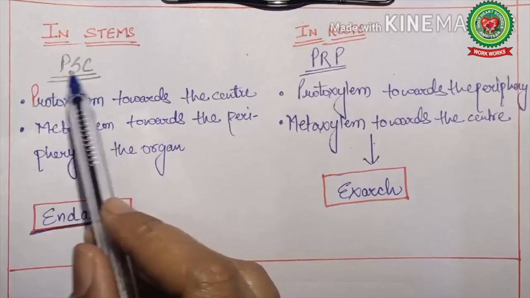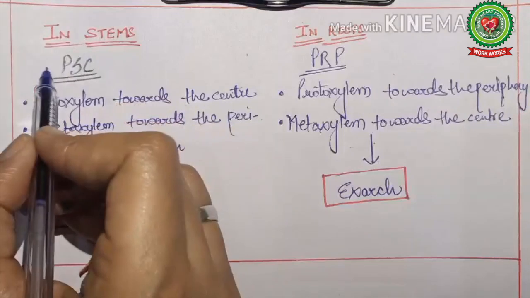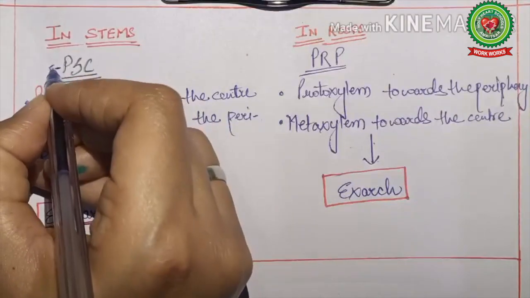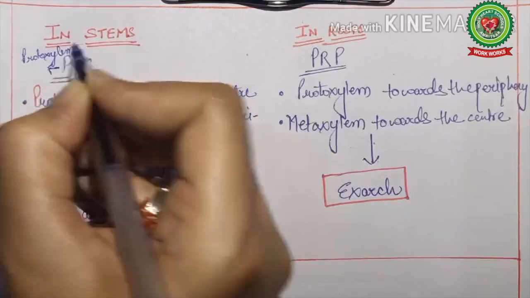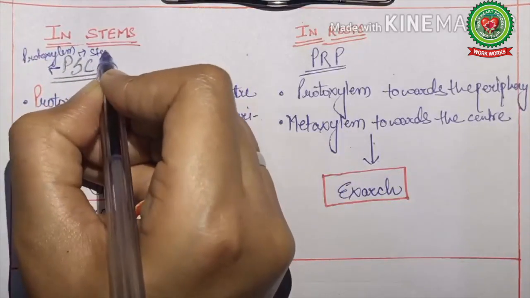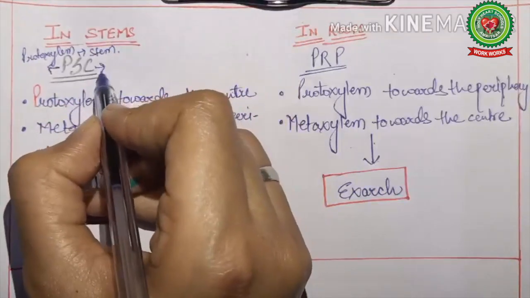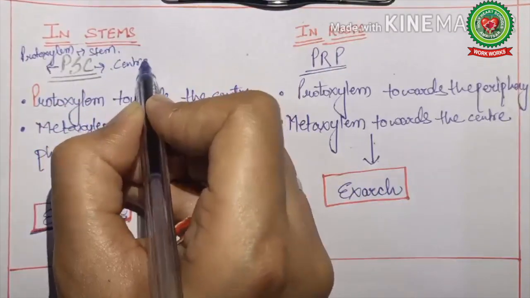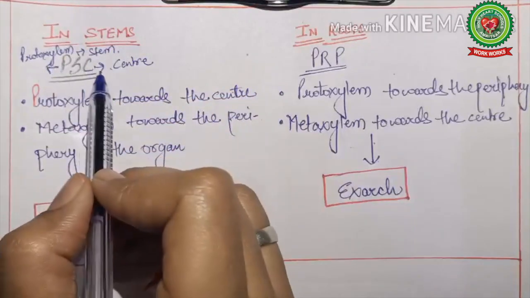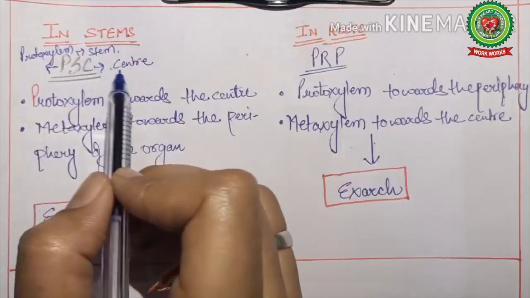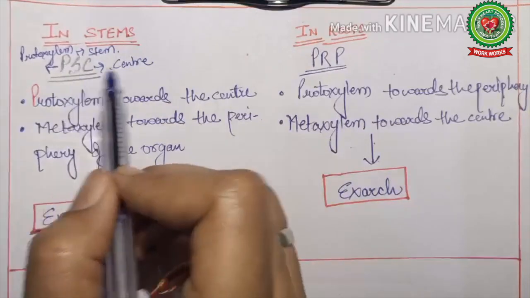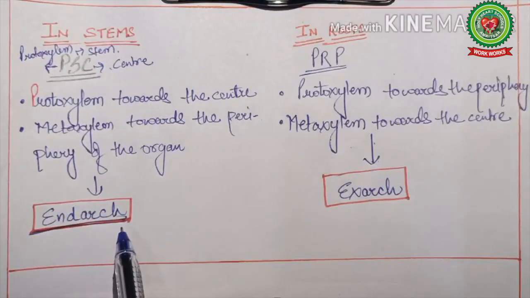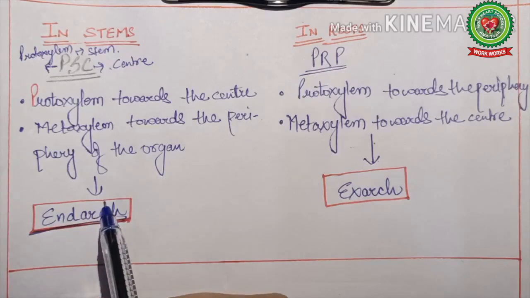We can also learn it in short form PSC. P means protoxylem, S means stem, and C means center. As protoxylem is present towards the center, metaxylem will be towards the periphery. That arrangement is called endarch. So in stems, arrangement of xylem will always be endarch.